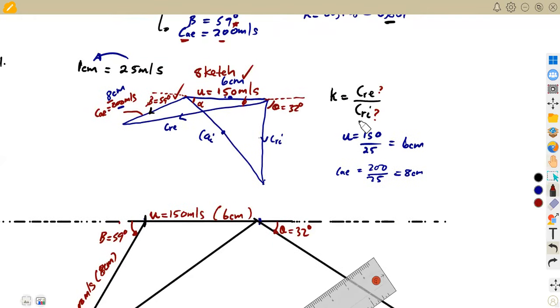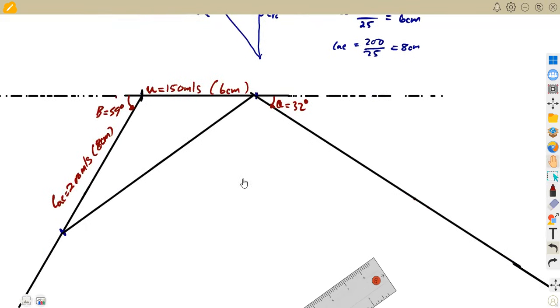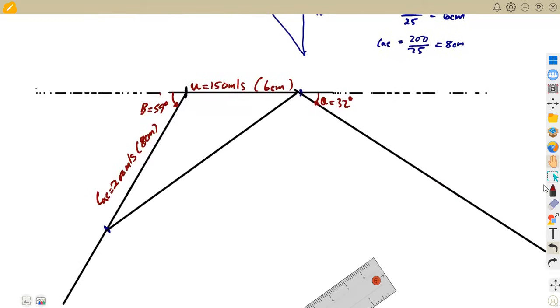I just listed the formula that consists of the coefficient of friction, that is the exit relative velocity to the input relative velocity. Now that we have this value, because of the construction that we have done, we can measure this distance in centimeters. So we measure our relative exit velocity.